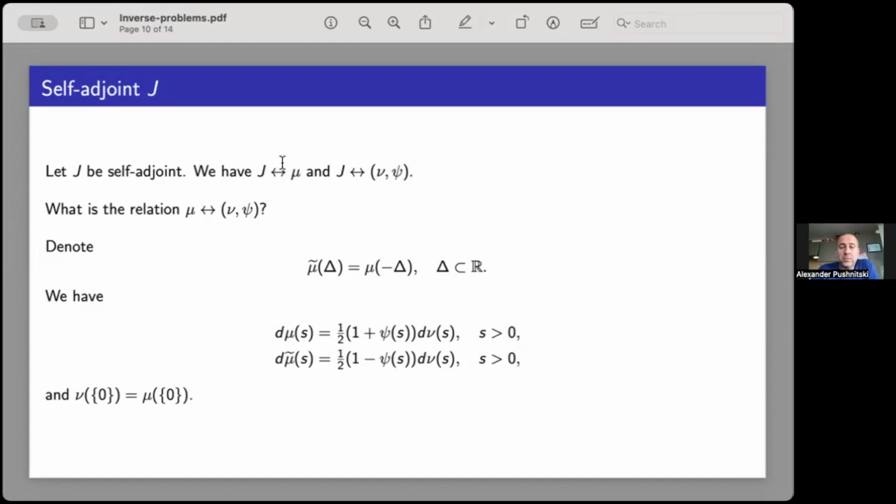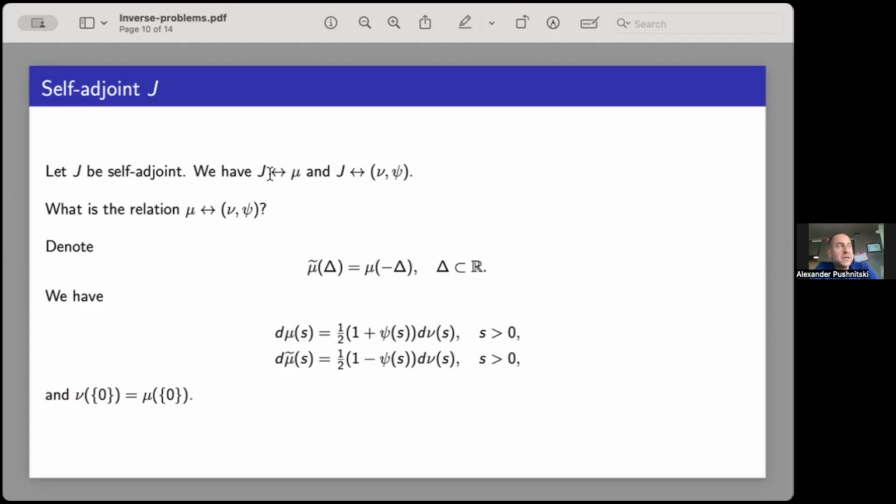So you can ask, what is the relation between the standard measure mu and this measure nu and psi? Informally, you should think about it like this: if a matrix J has positive and negative parts, when you take the absolute value, you kind of fold them together. The negative semi-axis folds up onto the positive one.